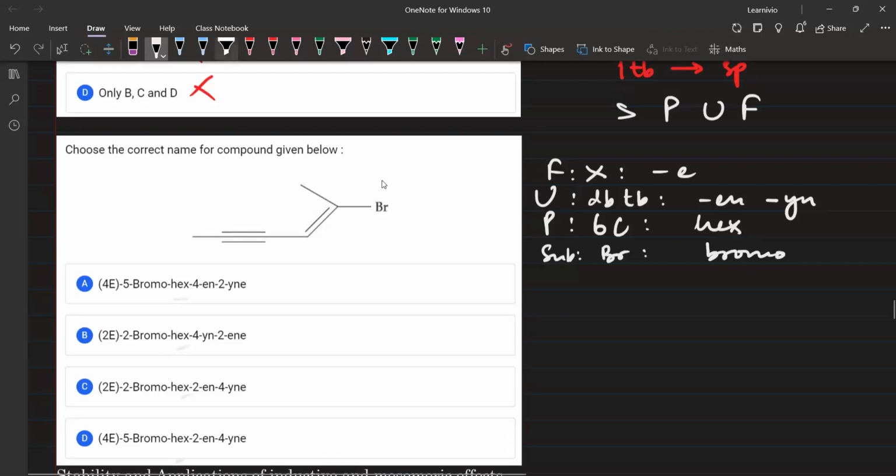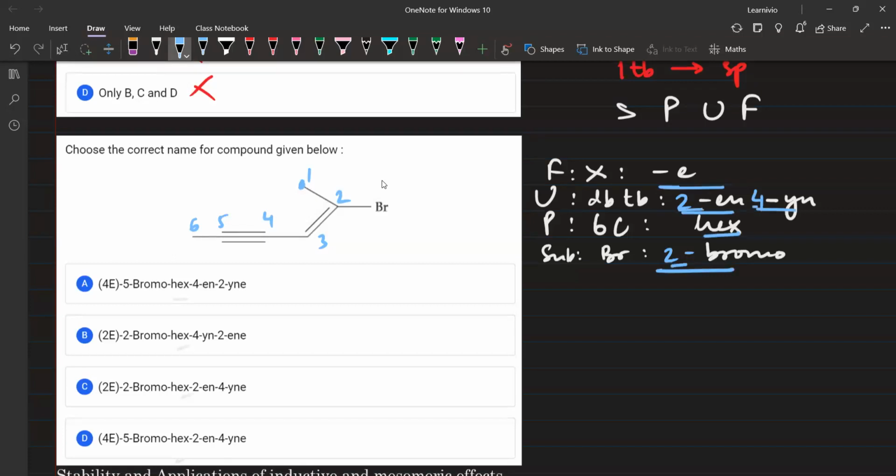Now, when I have to start numbering, we start numbering from the carbon atom nearest to the double bond. This carbon is nearest, so we have 1, 2, 3, 4, 5, 6. Bromine is in the second position, the double bond is in the second position, and the triple bond is in the fourth position. So we have 2-bromo, hex-2-en-4-yne.